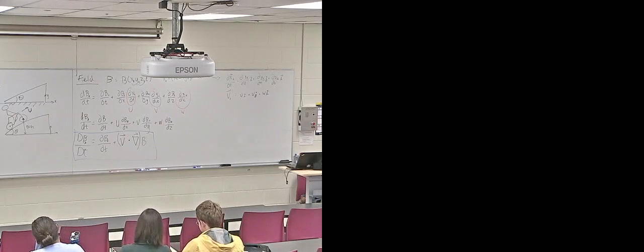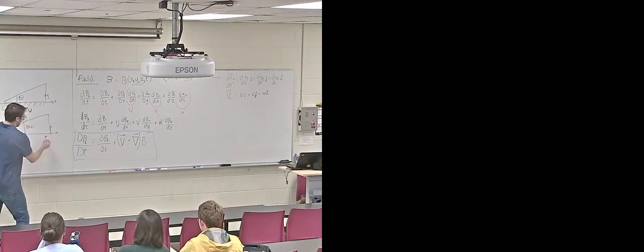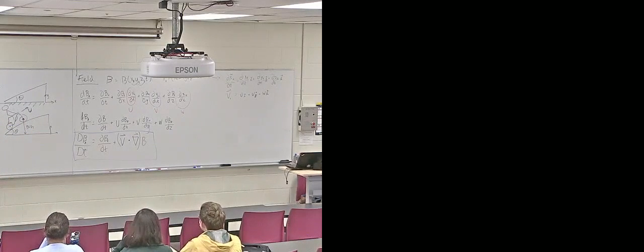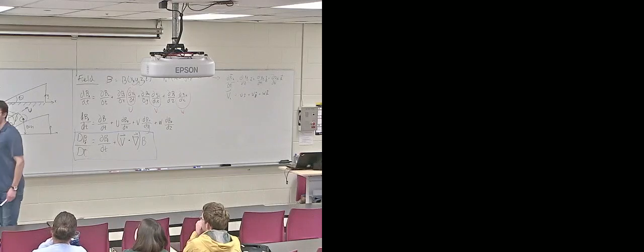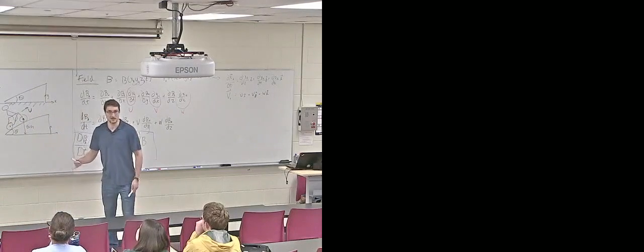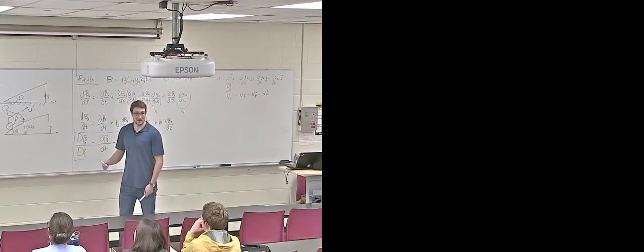Well, h at a point is simply equal to the elevation off the ground, right? So if we were to write h as a field, h of x, y, z, t, this is simply going to be equal to, well, what's its dependence on the x direction? Let's go with Matt.